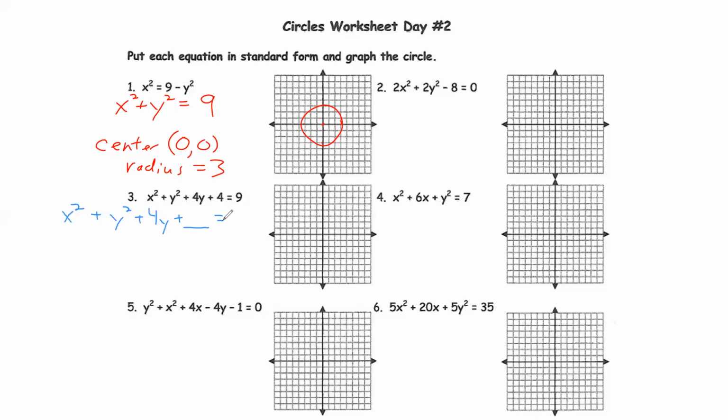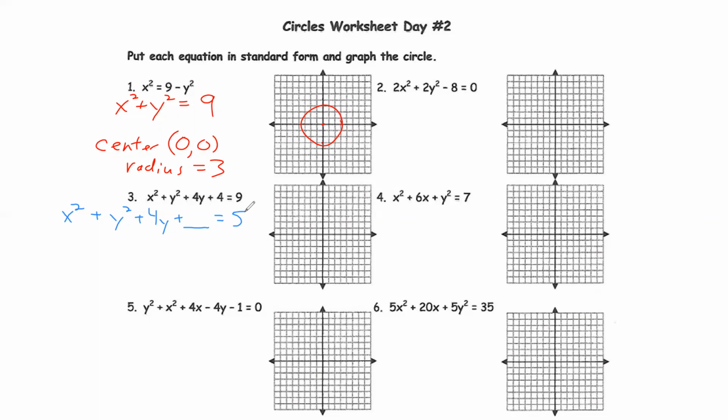I'm bringing the 4 to the other side, so now I got 5. All right. On this one, the x doesn't have a linear number with it, so we don't have to do anything with it. This one, I have a y squared, and I have a linear value for y, so I do need to complete my square here.